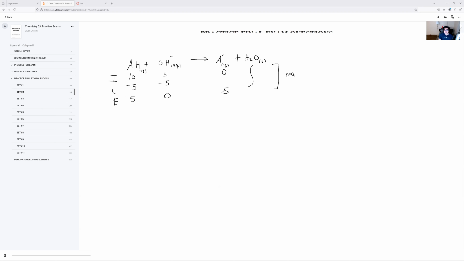Looking at this, you can see that after the reaction happens, you have your weak acid and you have the conjugate base, because the moles of the weak acid is not the same as the strong base that you add. There's more moles of the weak acid.